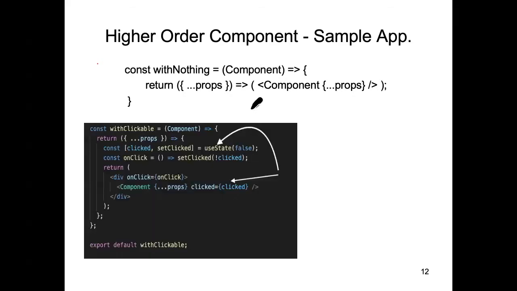Here is my higher order component implementation. And the purpose of my higher order component is to take a custom component of mine and to make it clickable. And the clickability is going to mean adding state to my custom component. And so here I'm declaring a state variable in the usual way.